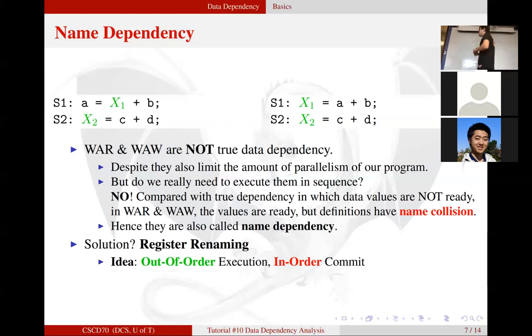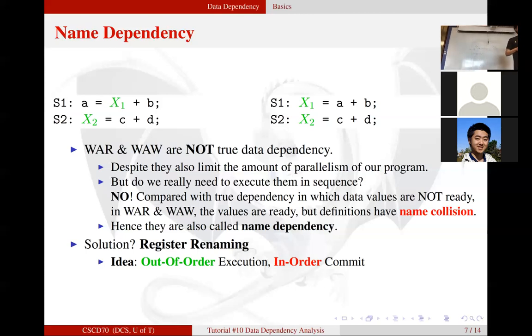Now that we resolve the name dependencies using register renaming, in the end they still need to commit to the same variable x. The idea is that we execute S2 and S1 out of order.